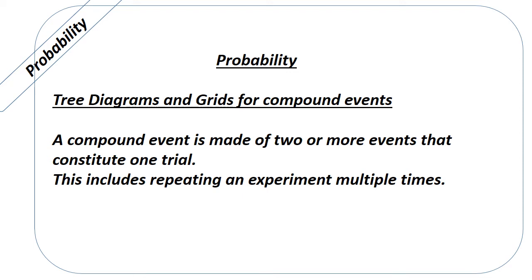So you want the probability of getting a head when the coin is tossed and the 1 when the dice is rolled. You are going to do different things, but you want one probability for the entire experiment. So that's another example of a compound event.